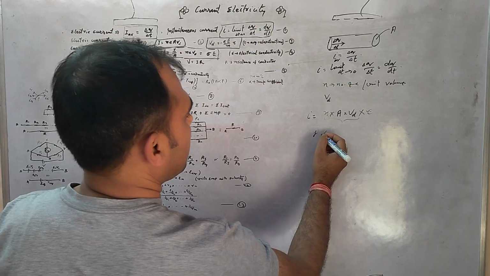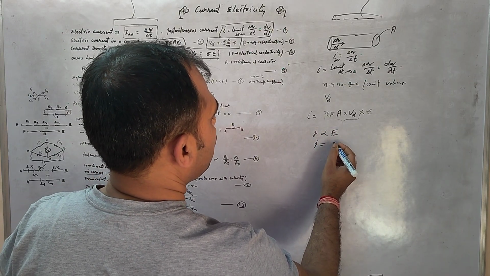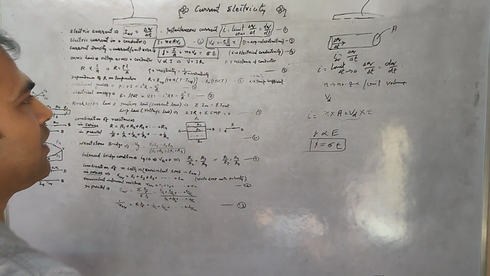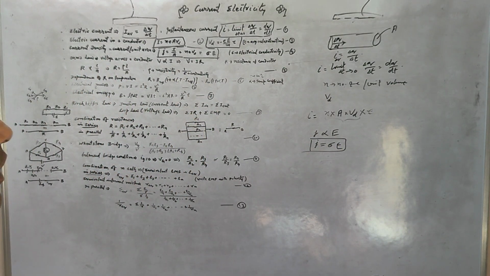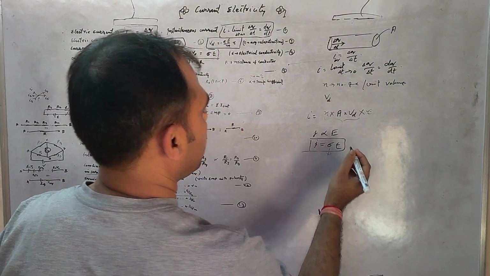Current density is directly proportional to electric field, that will be J is equal to sigma E, where sigma is the electric conductivity. This is a specific property of that material.